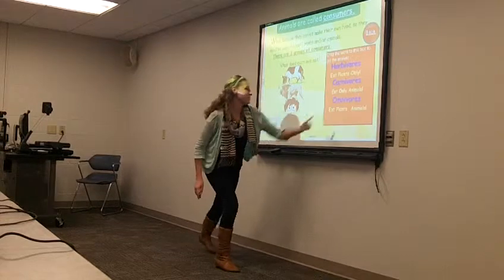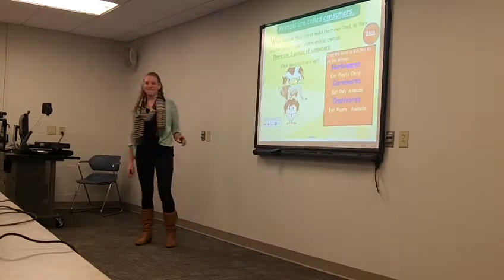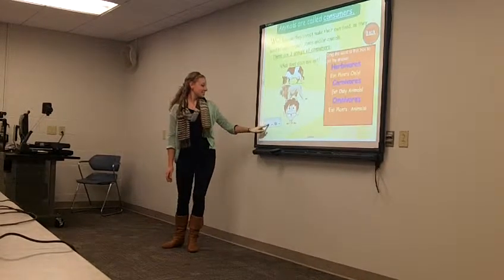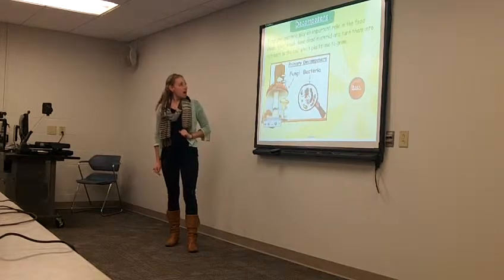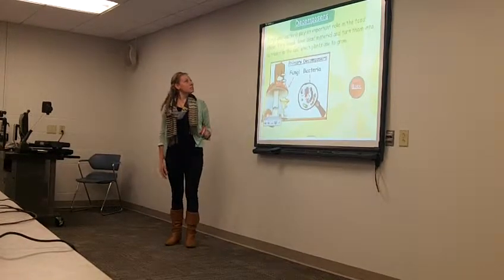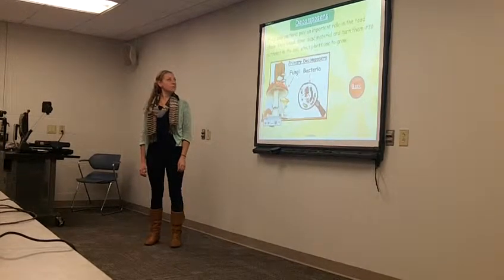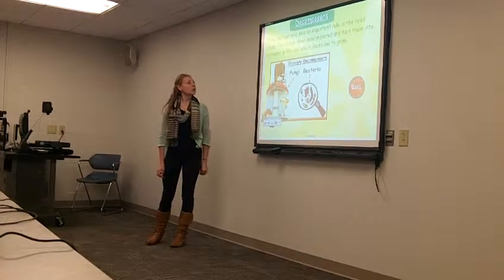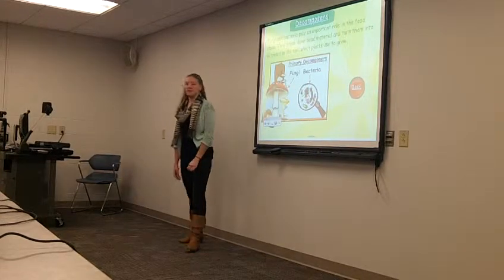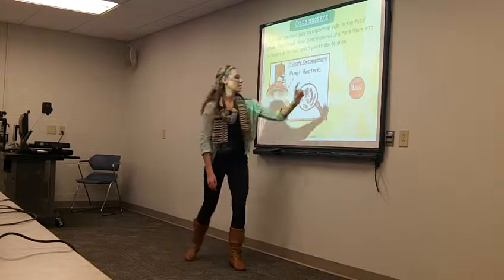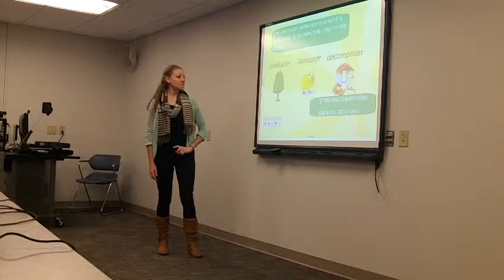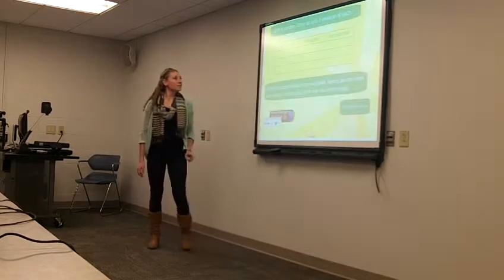And omnivores eat plants and animals. Decomposers are fungi and bacteria, and they break down dead material and turn it back into nutrients in the soil. So now that we've reviewed, we'll go on.